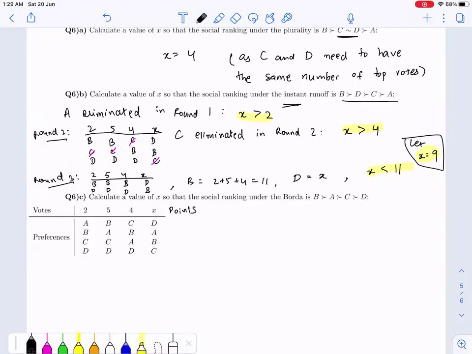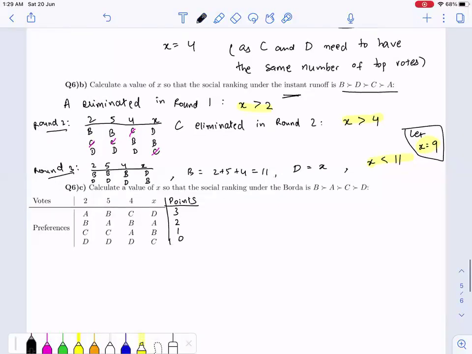We assign points to preferences. 0 points for the bottom preference, 1 point for the second least preference, 2 points for the third least preference, and 3 points for the fourth least or the top preference. Okay, now let's calculate points for all of these.